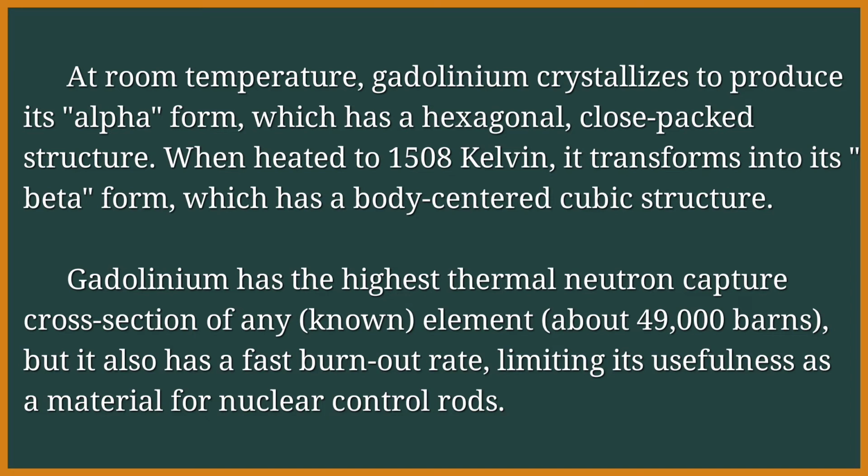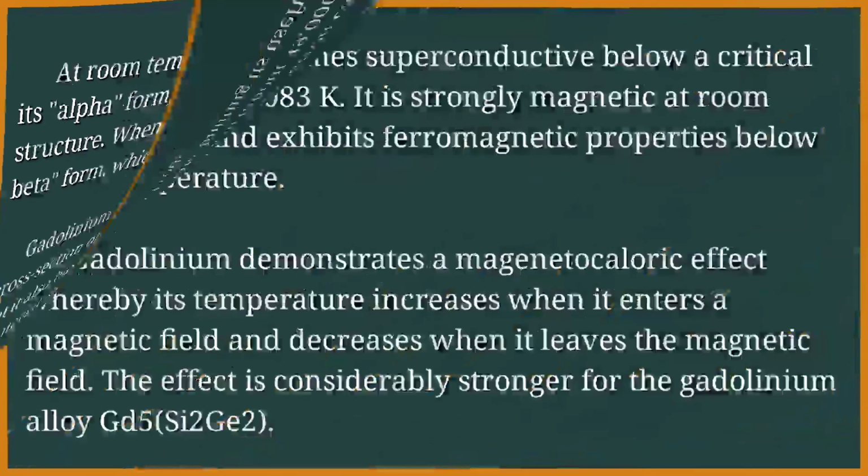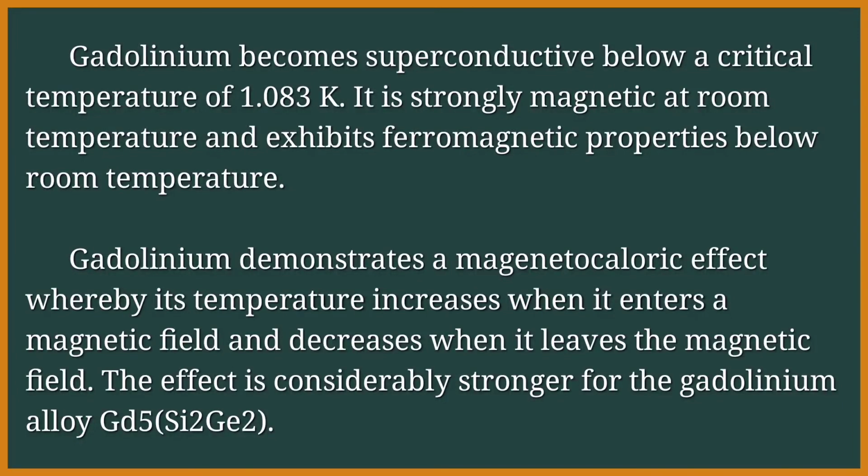Gadolinium has the highest thermal neutron capture cross-section of any known element, about 49,000 barns, but it also has a fast burnout rate, limiting its usefulness as a material for nuclear control rods. And gadolinium becomes superconductive below a critical temperature of 1.083 Kelvin.